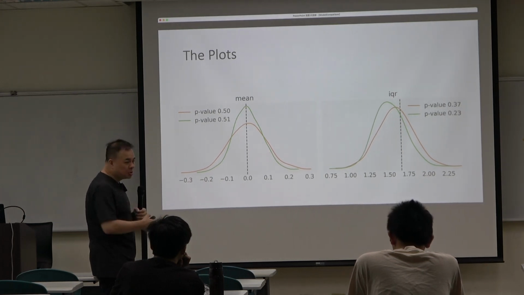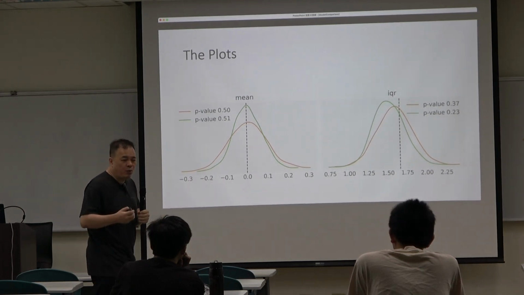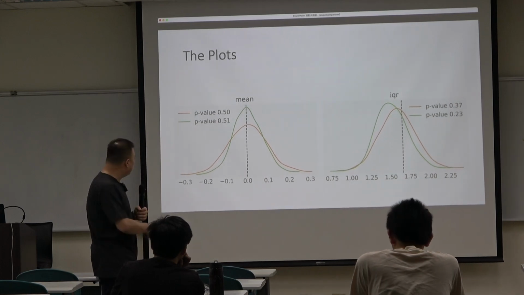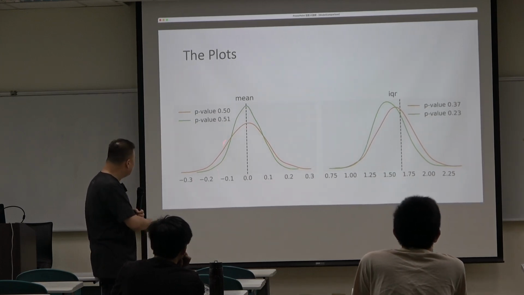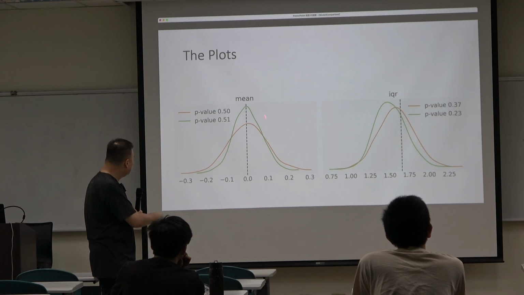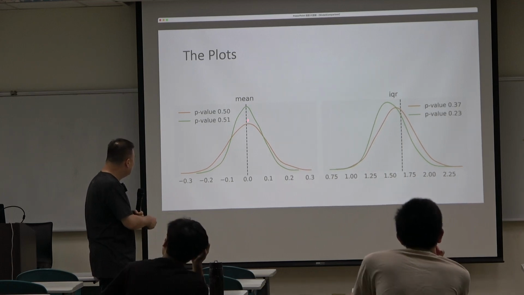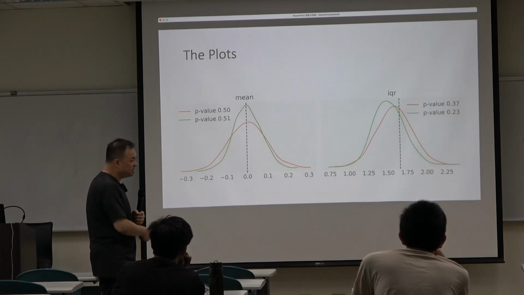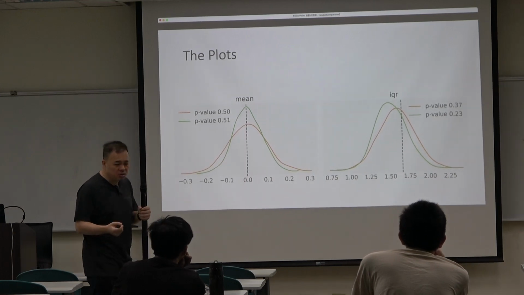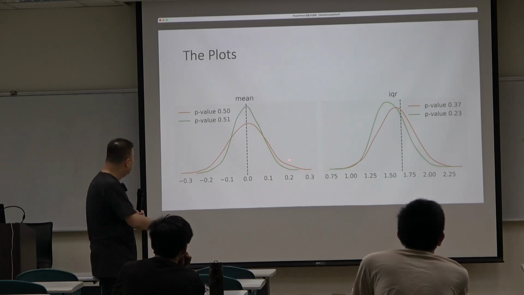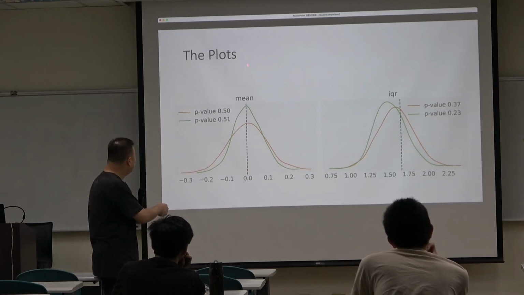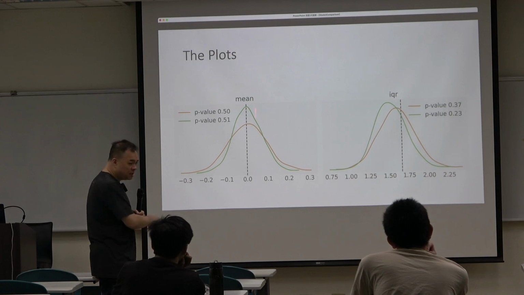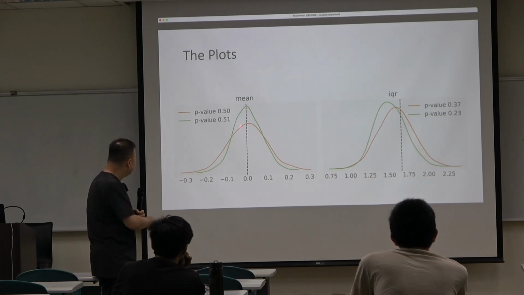Of course, what we want is that the distribution of the mean should be centered at 0.0 as much as possible, because after all, the true mean is 0, right? So let's have a look.